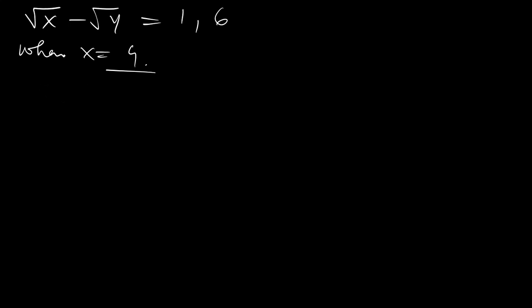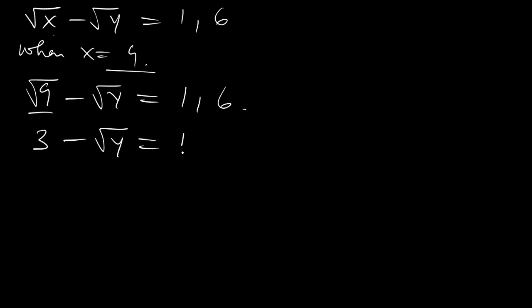Substituting x equal to 9 into this equation, we have the square root of 9 minus square root of y is equal to 1 and 6. So this will now be 3 minus the square root of y equal to 1 and 6. Now if you move this 3 to the other side, you have minus square root of y equal to minus 2 or 3.